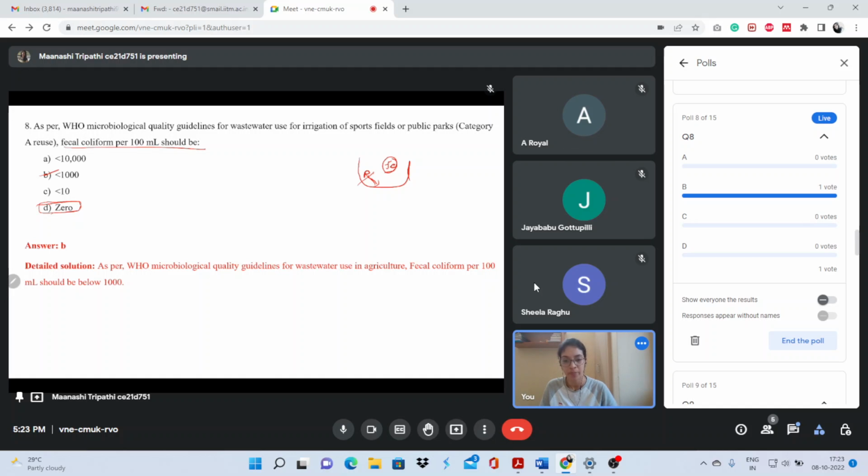Thank you. So one more thing, not only fecal coliform. In drinking water, we want total coliform to be 0. Okay, total coliform means fecal coliform plus non-fecal coliform. Total coliform is the indicator of drinking water.